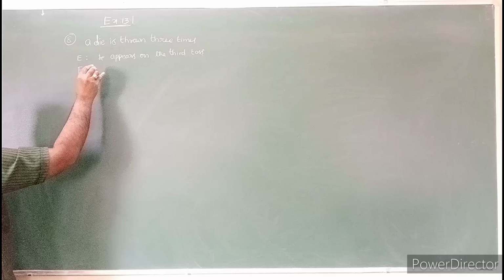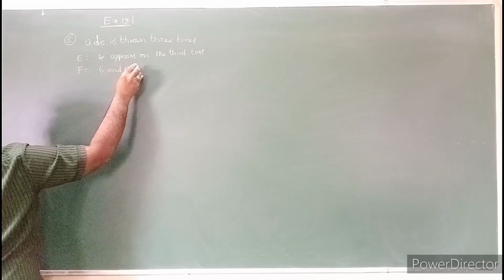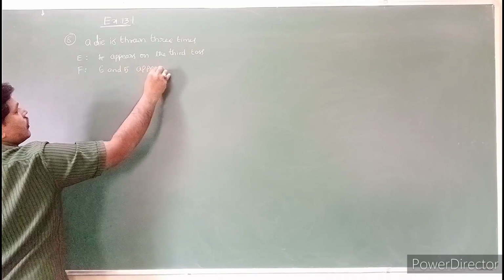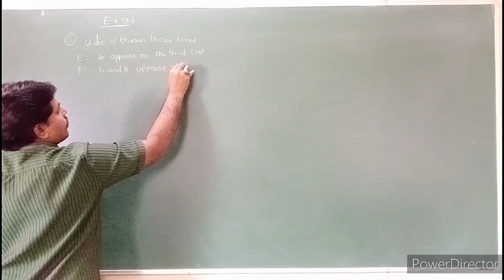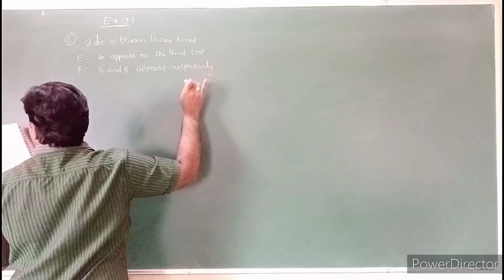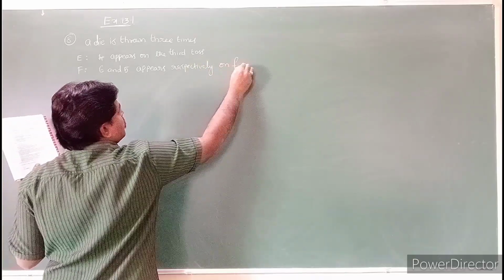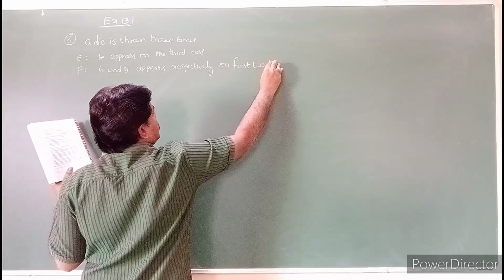F is 6 and 5 appear respectively on the first 2 tosses.